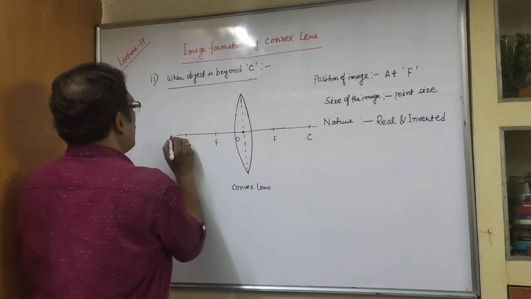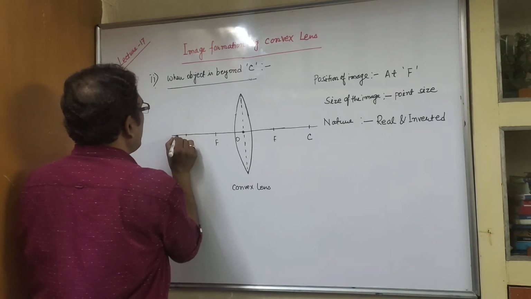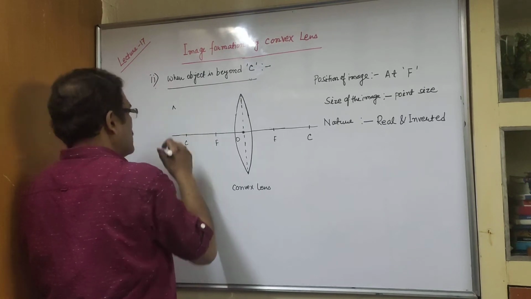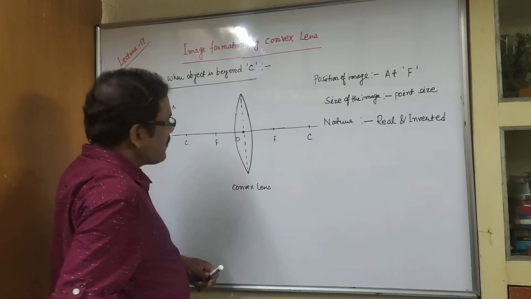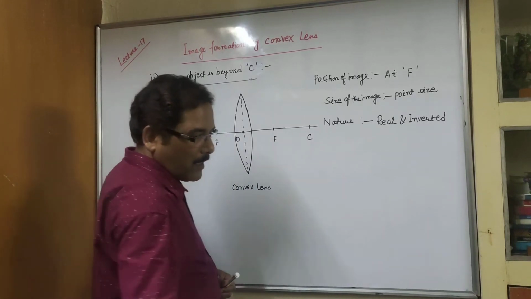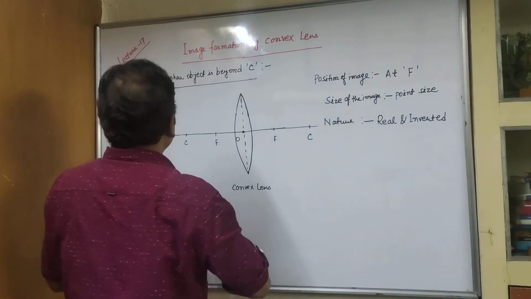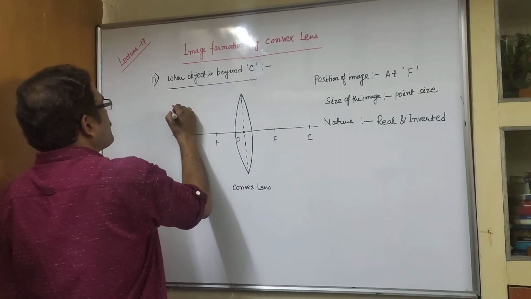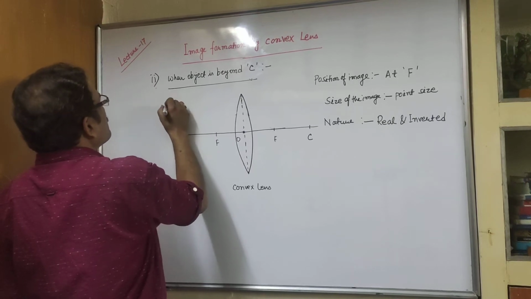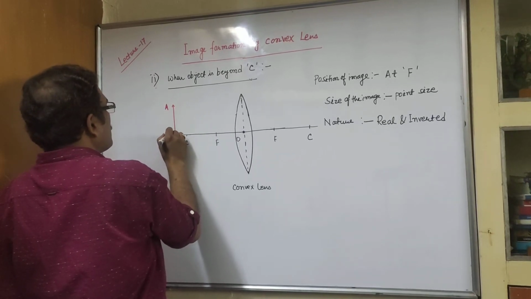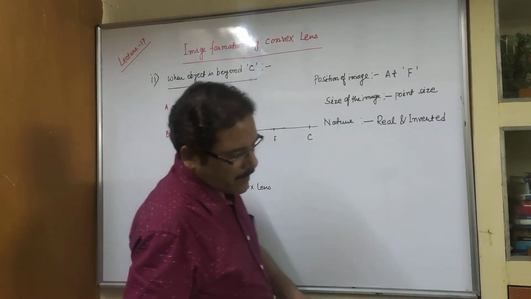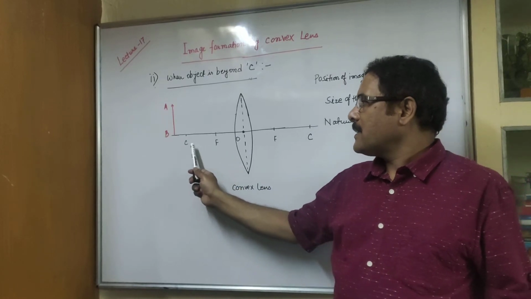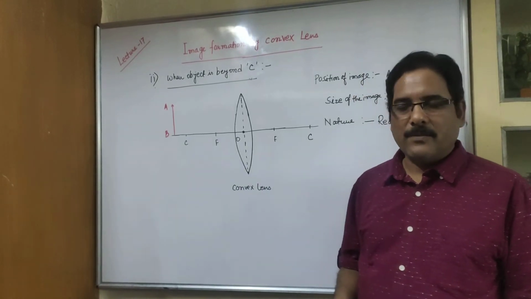Now this time you place the object beyond center of curvature. So suppose this is the object. Suppose AB is the object whose position is beyond center of curvature.